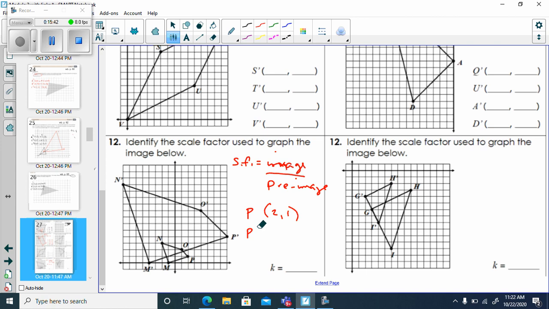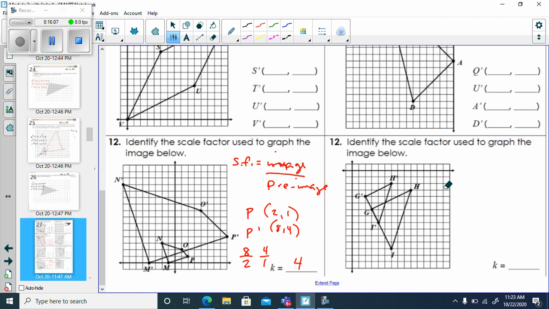P prime is at 8, 4. Image over pre-image. That would be 8 over 2 or 4 over 1. Either way, 8 divided by 2 gives you 4. This is a scale factor of 4.